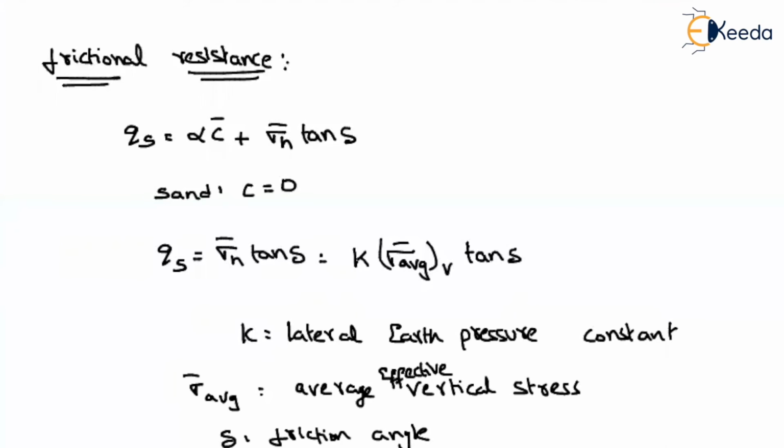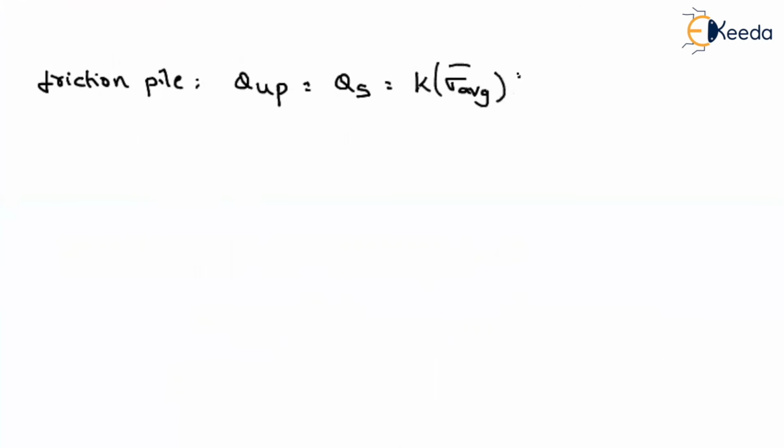Now let us compile all the equations. Suppose you are talking about a friction pile only, what will be the ultimate capacity of the pile? That will be nothing but QS, which can be found by using K into effective average vertical stress into tan delta.